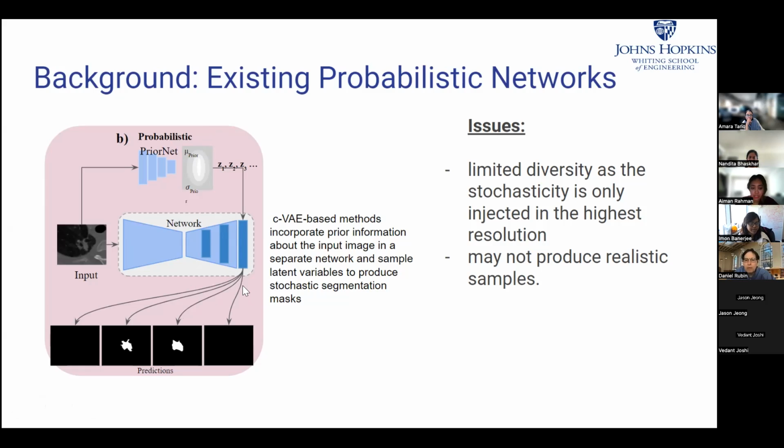So sometimes you can get noisy output, and it also depends on the complexity of your prior net. If it's not super complex, then you'll probably get diverse samples, but not realistic ones. That means it doesn't match anything from the original data samples, but you might get some diversity. So these are the problems you might face if you don't have complex prior encoders.